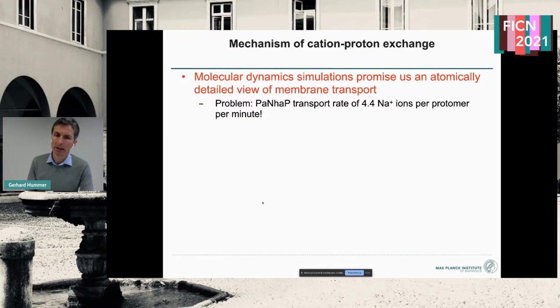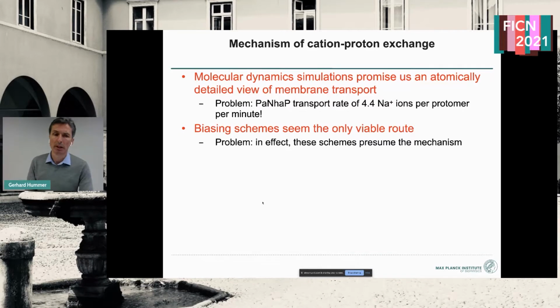But the problem is that we know from the experimental measurements that the transport rate is in the seconds to minutes regime, with about 4 ions transported per protomer per minute. So this is obviously a very slow process, far outside the reach of MD simulation.